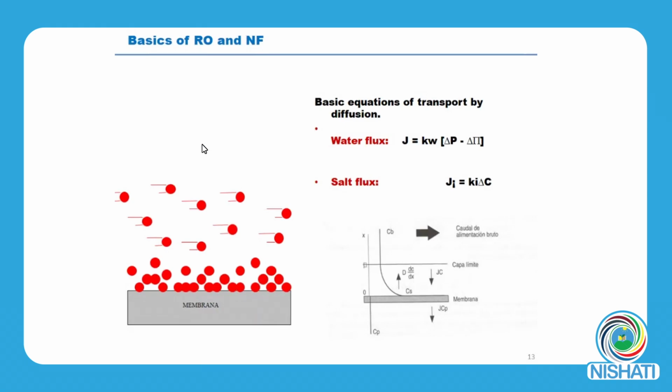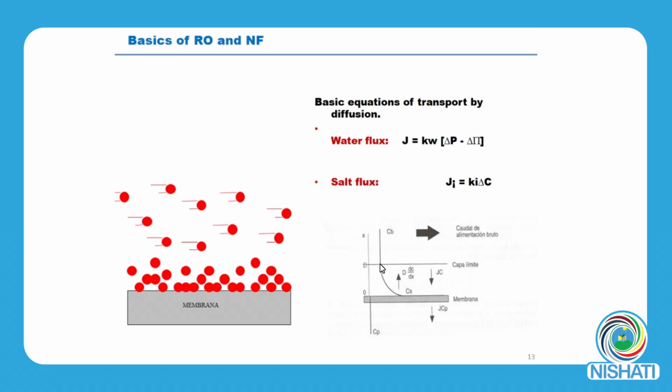That means that these components are more and more concentrated onto the membrane. So in the bulk solution, I mean in the middle of the pipe, the concentration has a value, but onto the membrane, the concentration is much higher, okay? So this is important, it must be understood.